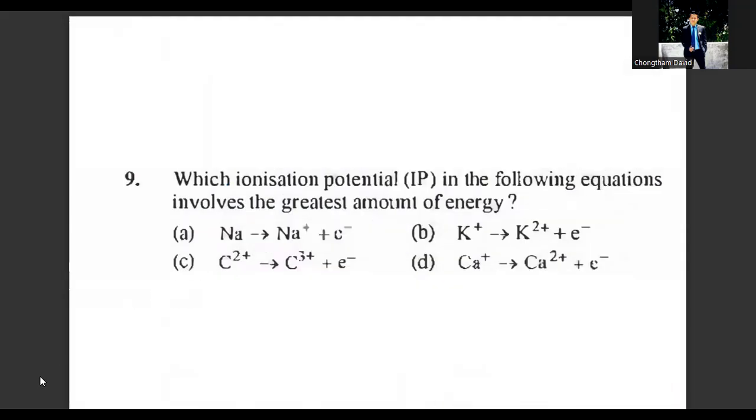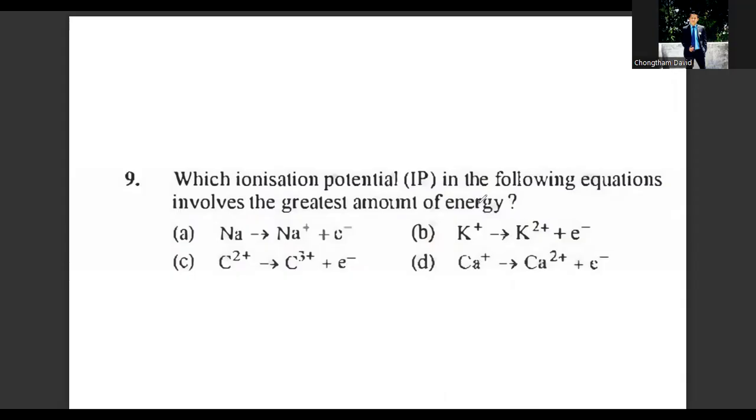Let's read question number 9. Which ionization potential of the following equations involves the greatest amount of energy? Sodium is undergoing oxidation, similarly for potassium ion, calcium ion, and so on. For this sequence of oxidation, this potassium ion is already in an 18-electron configuration.